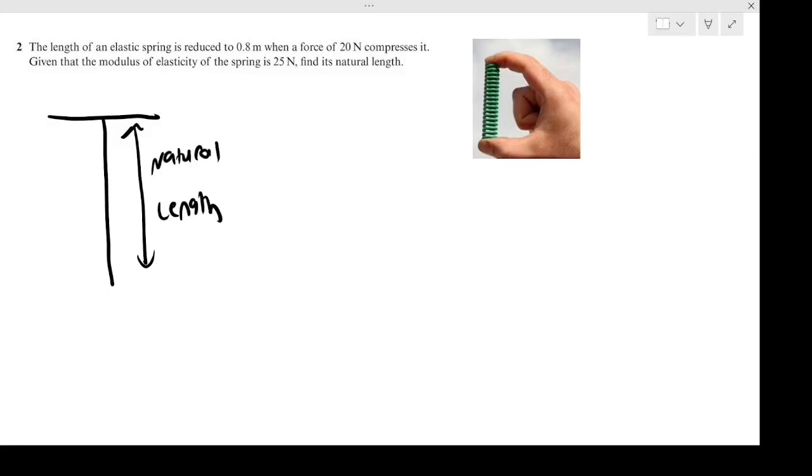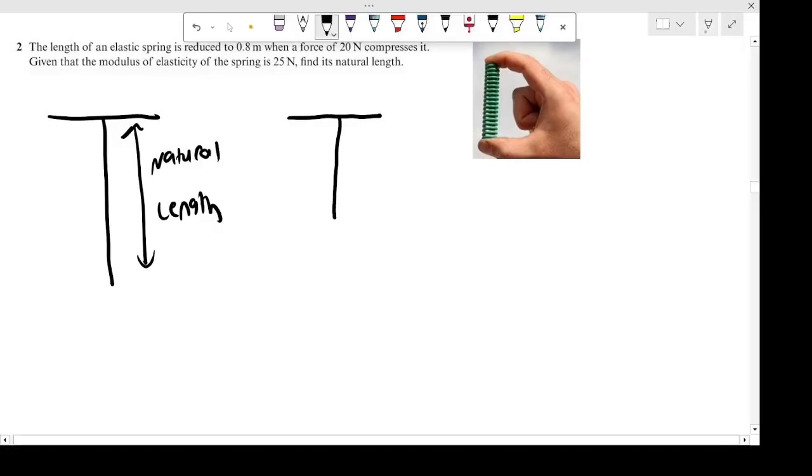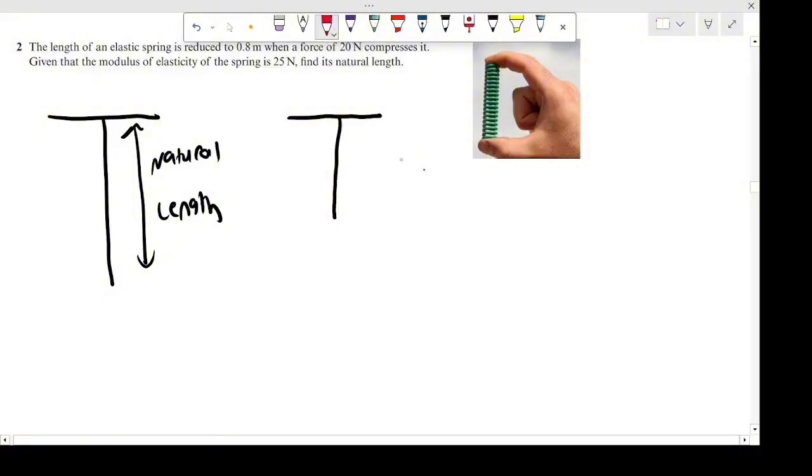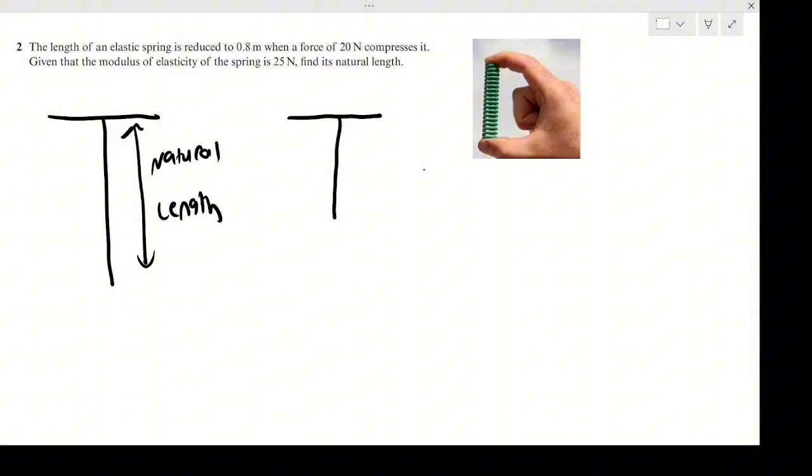But then it's being compressed, so the spring is going to be compressed because there's a force compressing it. To condense or shrink the spring, there's a force pushing into the spring like this. This force is 20, my compression force. Hopefully you can see it's acting upwards to push into the spring to condense it.